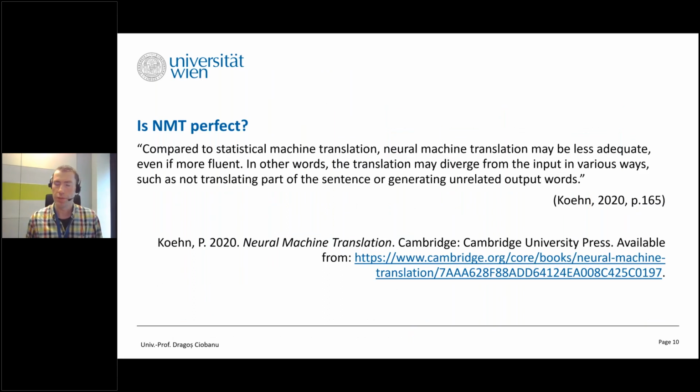But generally, in all conversations, including with my students, or maybe starting with my students, this question, is neural machine translation perfect or excellent or sufficient? It always comes up. And this is a quote from Philipp Koehn's neural machine translation book.